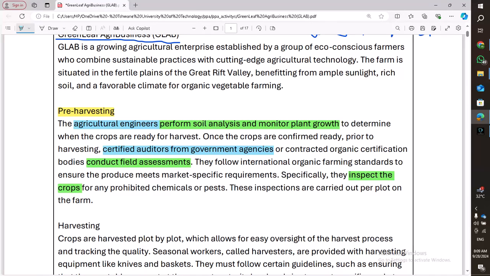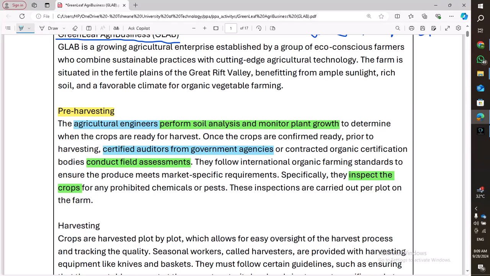Especially, they inspect the crops for any prohibited chemicals and pests. The inspections are carried out per plot on the farm.